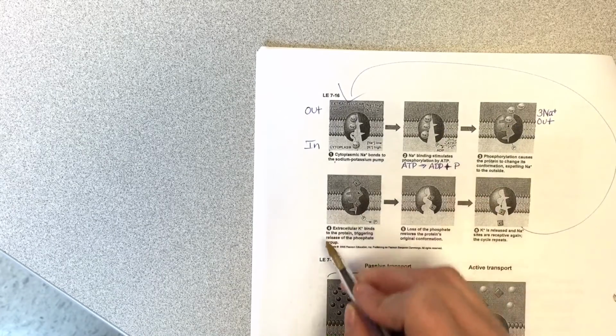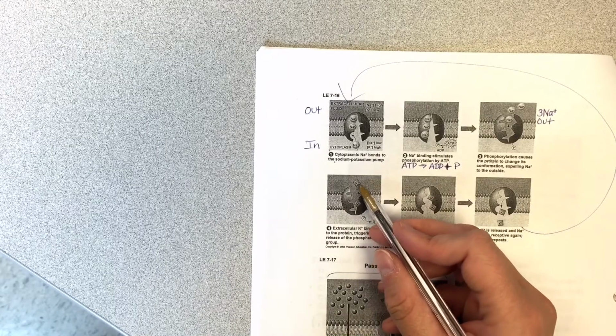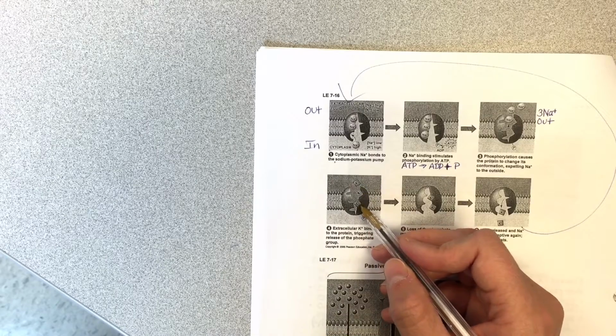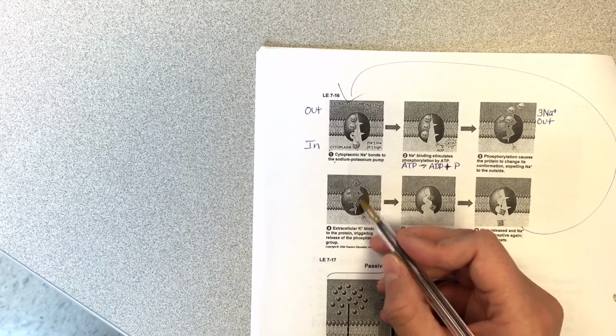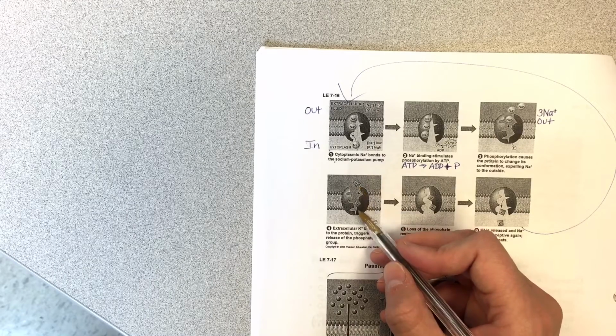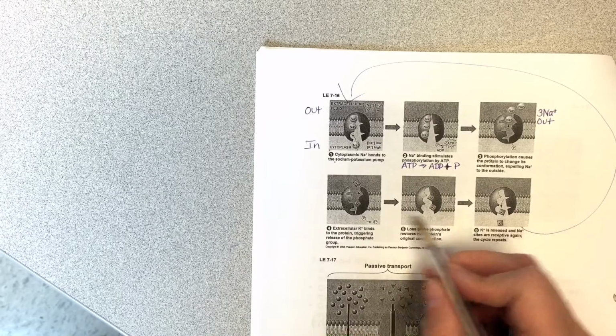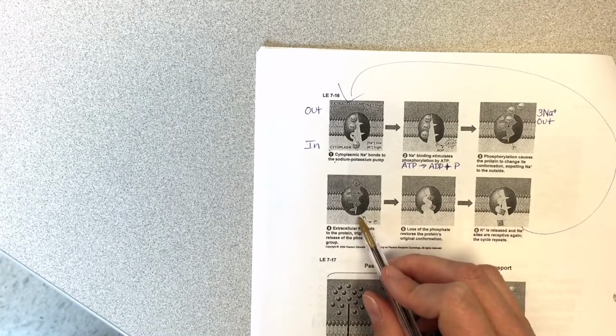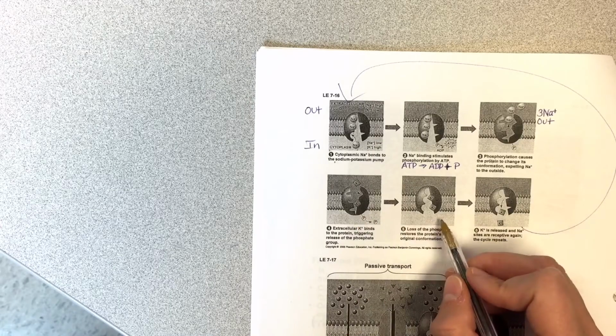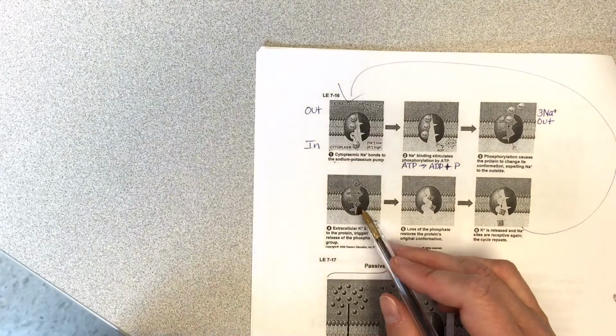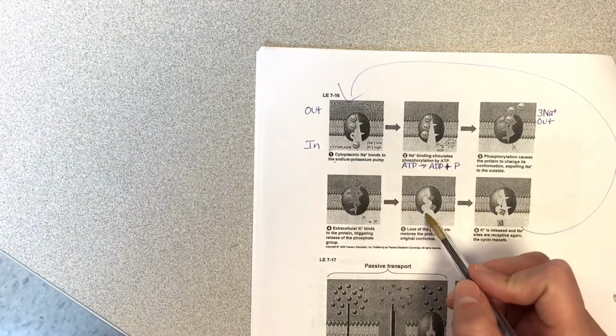So now if we go to picture number 4, another ion called the potassium ion binds to those two sites, and there are only two sites for that. So the potassium binds, and then if we go from this picture to this picture, look, the phosphate group is no longer attached. That loss of the phosphate group causes the protein to go back to its original shape.